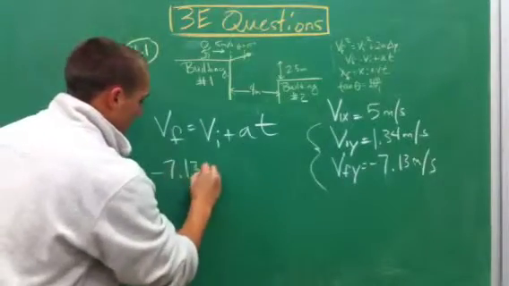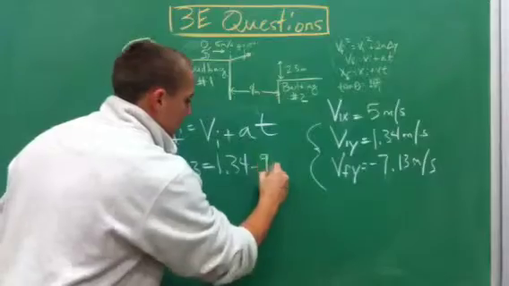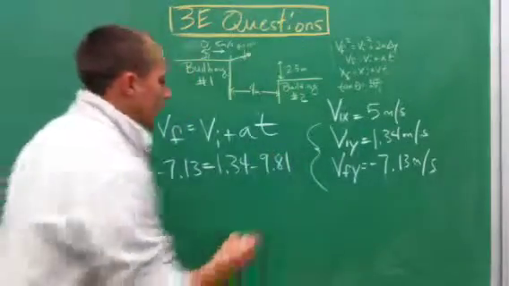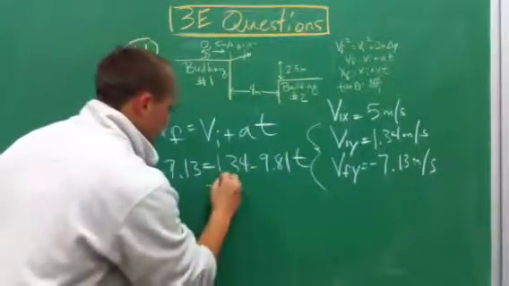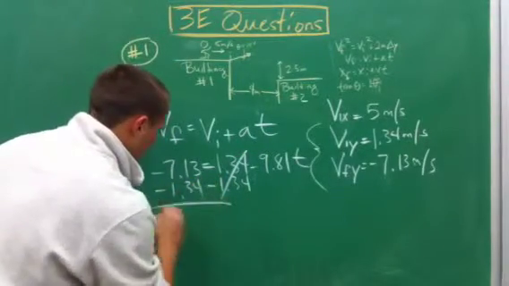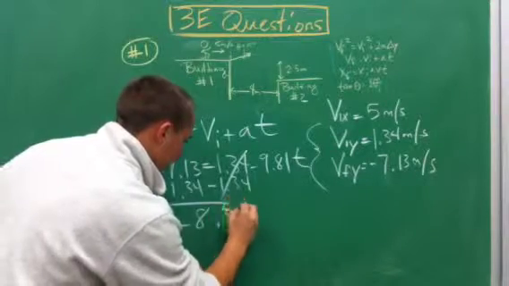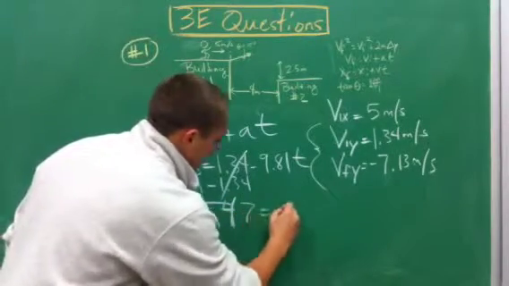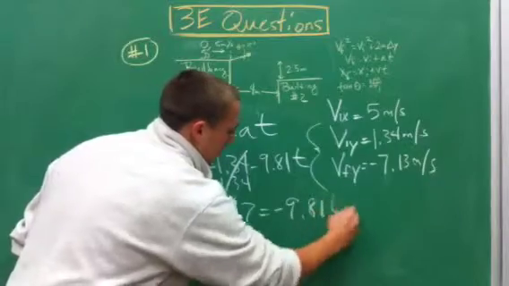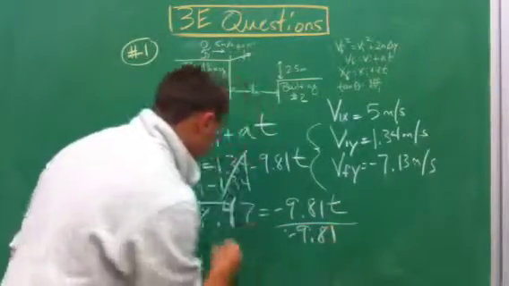Negative 7.13 equals 1.34 minus 9.81, which is gravity, times t. We subtract this over here, cancel that out. We get negative 8.47 equals negative 9.81 t. Divide gravity out here to get t by itself.